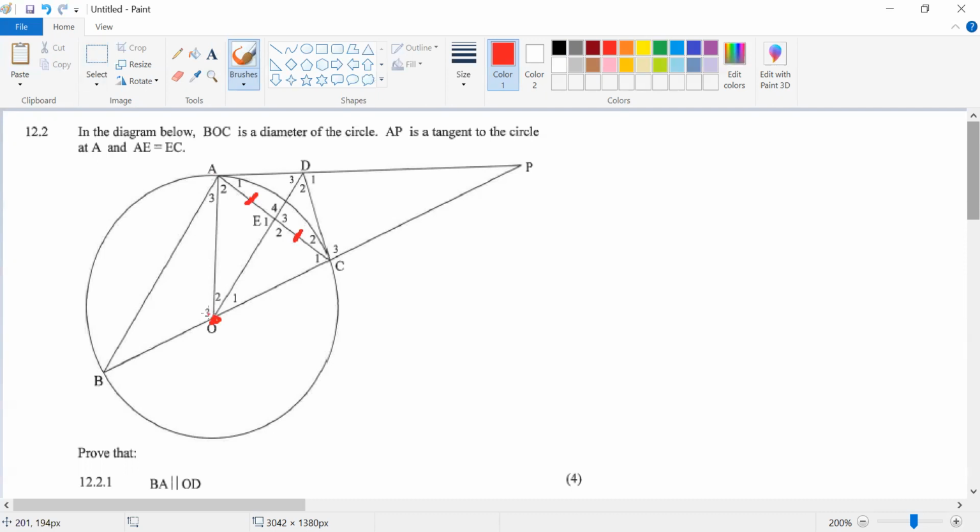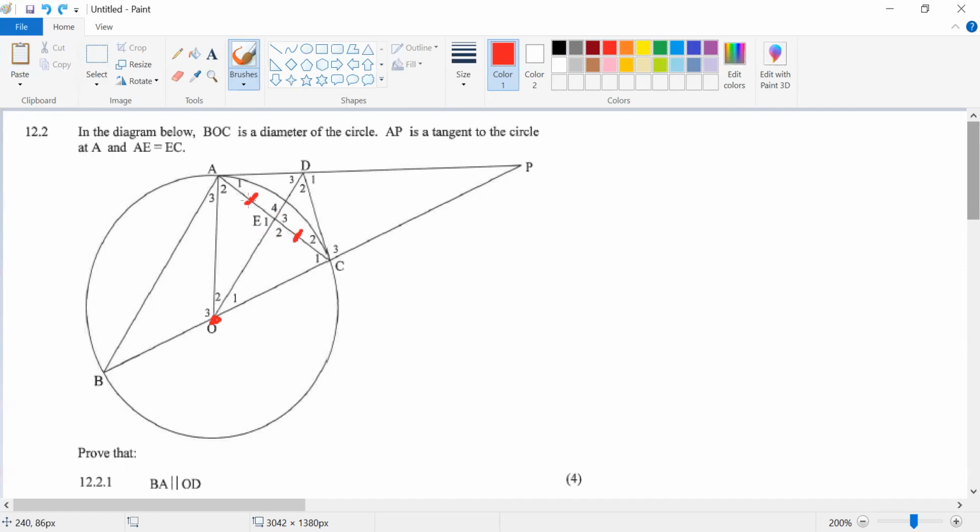So because we know all of these things, before we start answering our question, we can see that I have a line going from the center, meeting my chord at E, bisecting that chord, which is going to probably mean that I have a 90-degree angle here and here, because that is theorem 1, which tells me that a line from the center bisecting the chord is at 90 degrees to that chord.